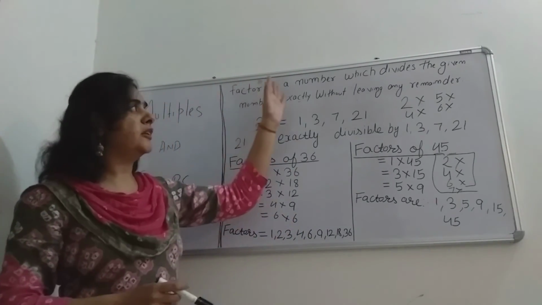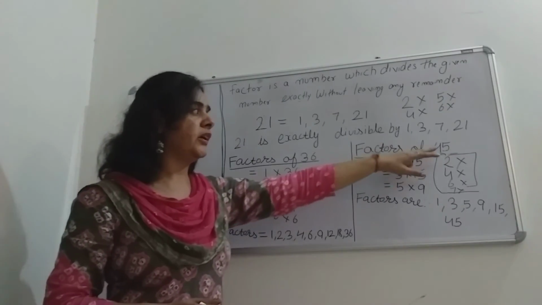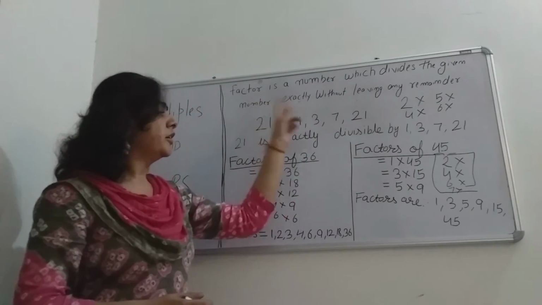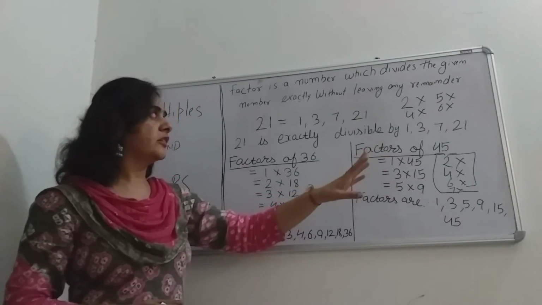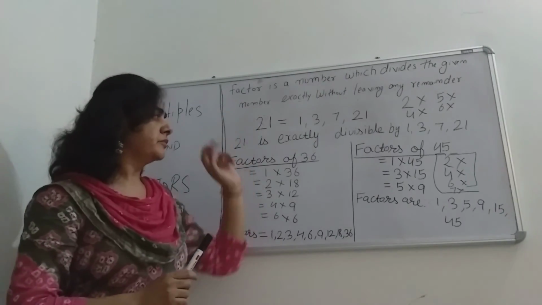So a factor is a number which divides the given number. In this, what we have seen is that all these numbers exactly divide 45, and without leaving any remainder, meaning the remainder is 0. So this is the definition.